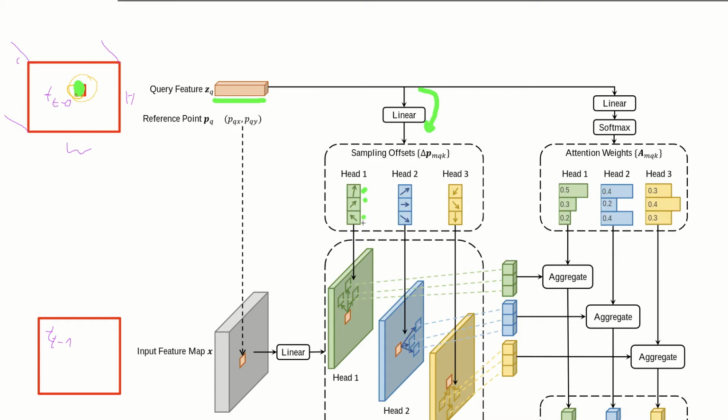These offset vectors are pointing from the same position Q, but in the frame t-1. They are pointing to those features which we would like to attend to.